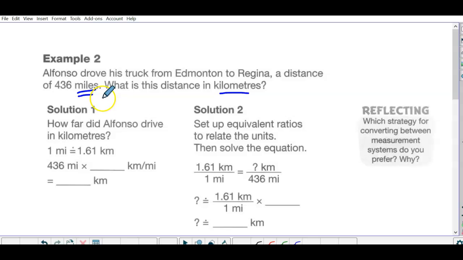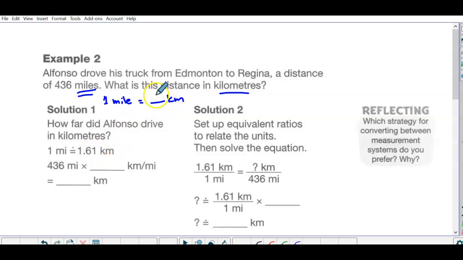So I want to look in my conversions where I know what 1 mile represents in terms of kilometers. Because if I have that conversion, then all I need to do is multiply by 436, because each of those 436 miles is equal to a certain number of kilometers.